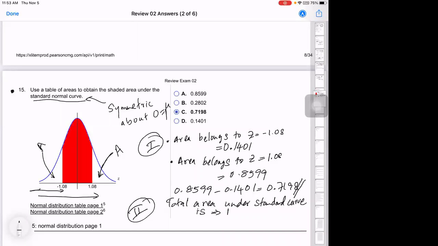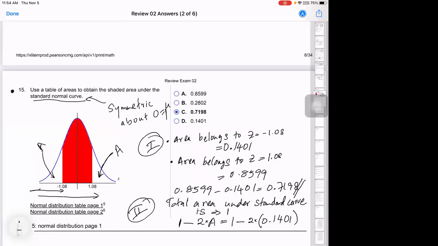So this area is A and this area is A. You can subtract these two areas from 1, which means 1 minus 2 times A, where A is 0.1401.